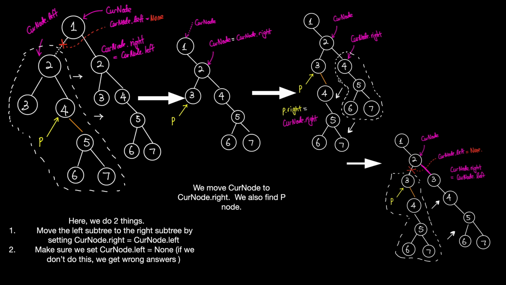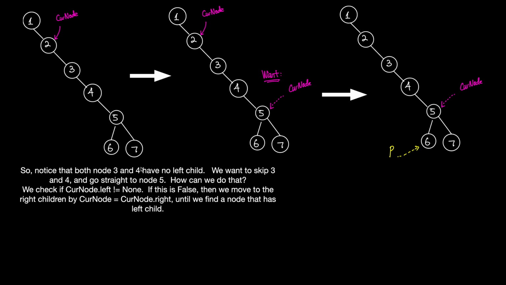We move this right subtree by setting p dot right equal to current node dot right. Then this is what we get. And we do this part again here. Then we will get 1, 2, 3, 4, 5, 6, 7, and this guy will disappear. This guy will just move here, and then we cut this linkage. So this is what we get.